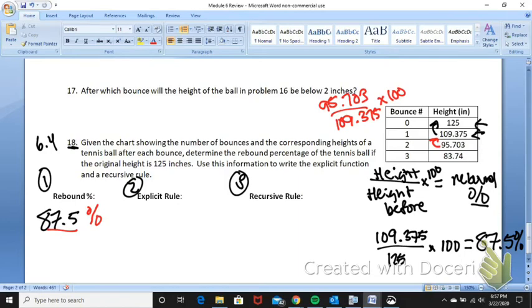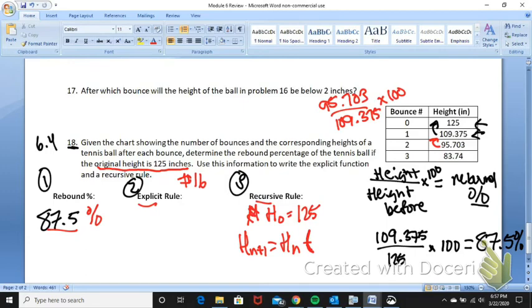So from there, we need to do our explicit and recursive rule, and then honestly, this part right here is a lot like number 16 that we just worked. So the important thing to see here is that your initial height, or the original height, is going to be your 125. So I'm going to again do the recursive first. So I'll keep the same. So we got h of 0 is 125. So h of n plus 1 equals h of n.